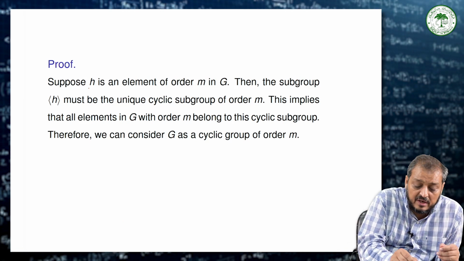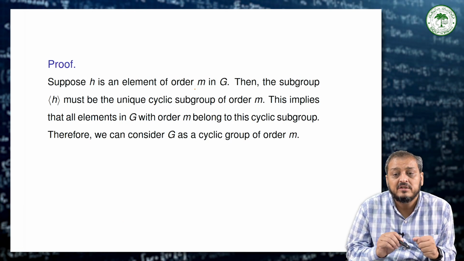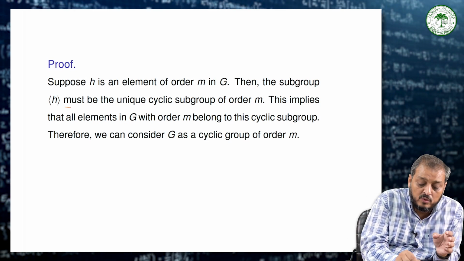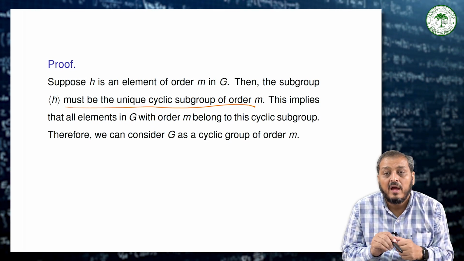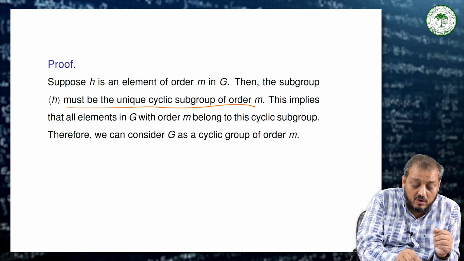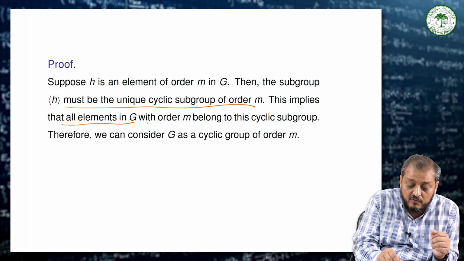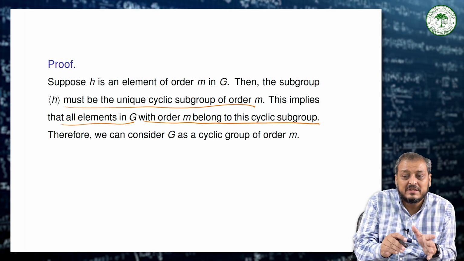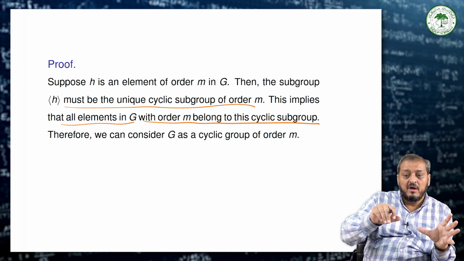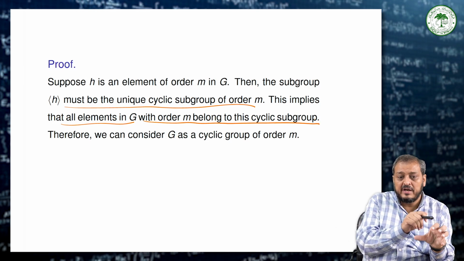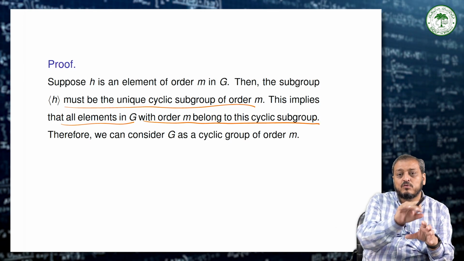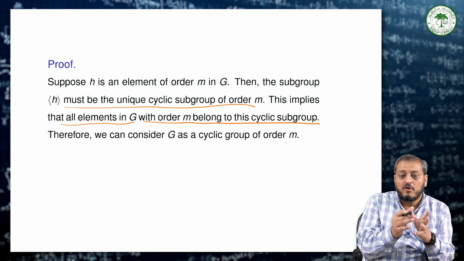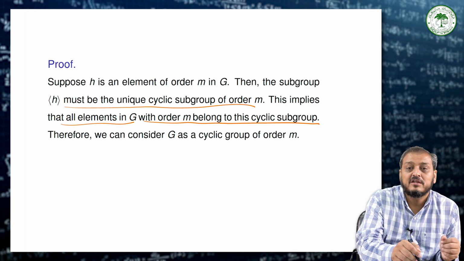Suppose h is an element of order m in G. Then the subgroup generated by h must be a unique cyclic subgroup of order m. This implies that all elements in G of order m belong to this cyclic subgroup.